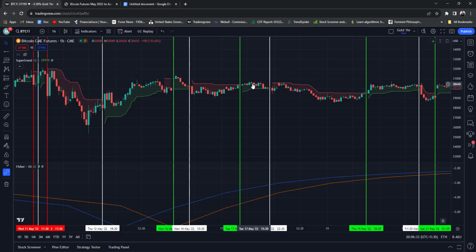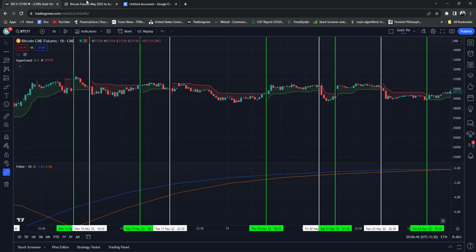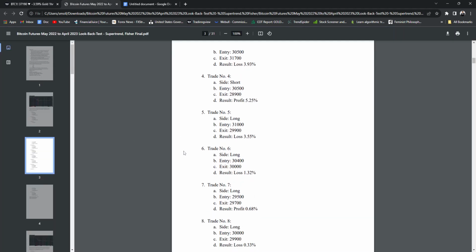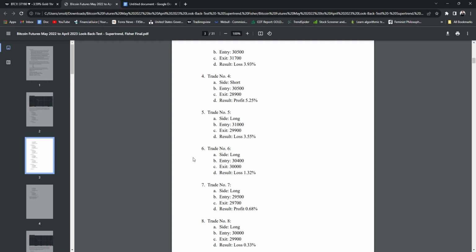We lost a bit of money, 1.3%. It's the same trade; it never quite moves up. On the next trade as well, it never quite takes off, but we make a little bit of money on this due to the rise in price action.